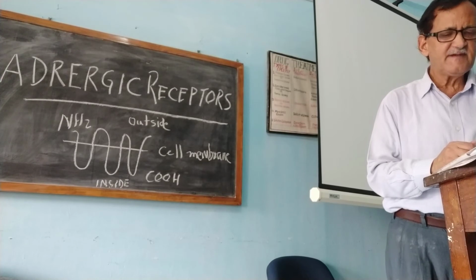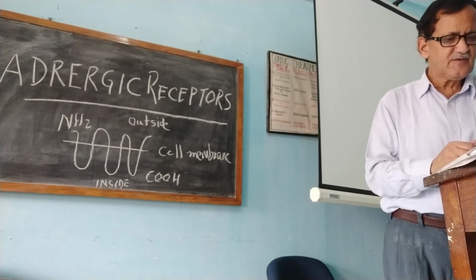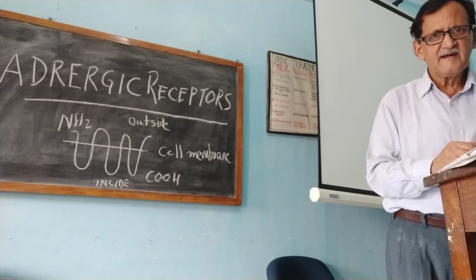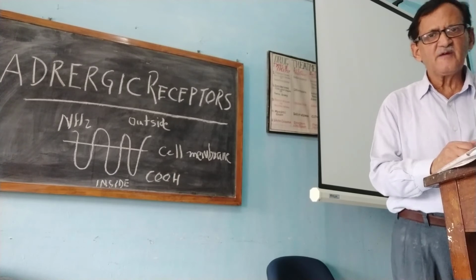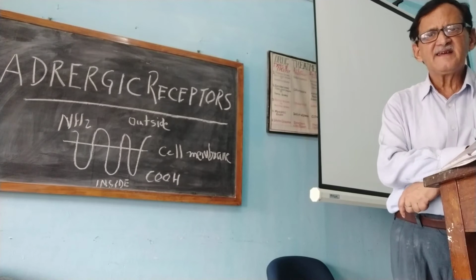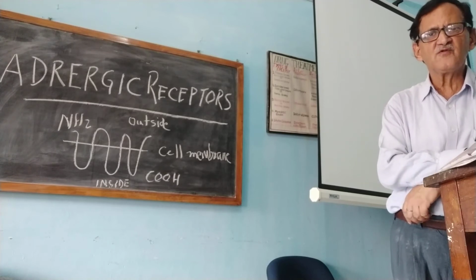What is the mechanism here? Stimulation of alpha 2 combines with GI protein. GI protein, I indicates inhibitory, as you know very well.